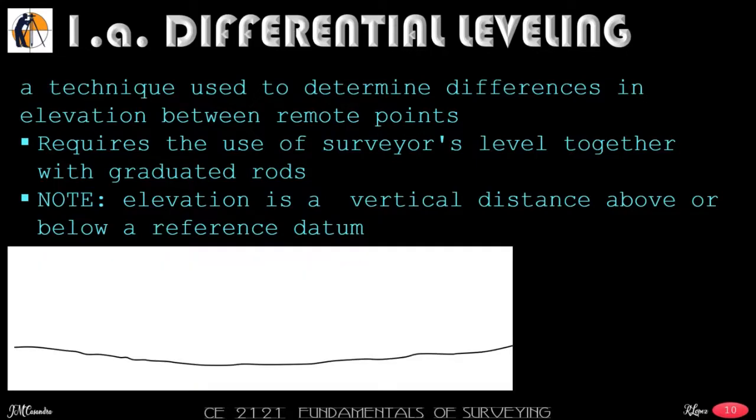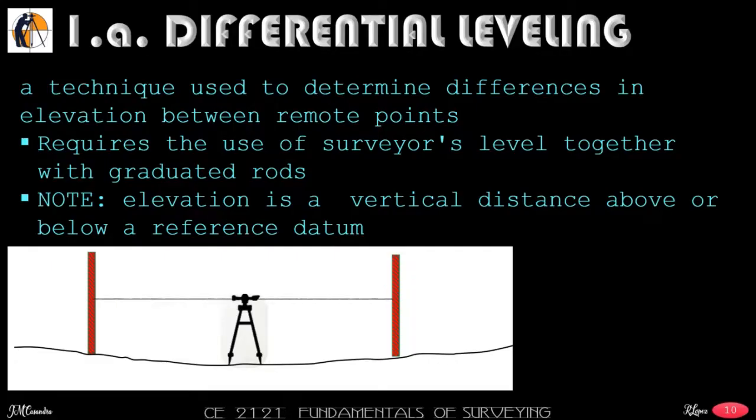So let's say we have here your ground surface, and we will be measuring 2 points for their vertical distance or their elevations. The first point will be our benchmark. The second point is our turning point.